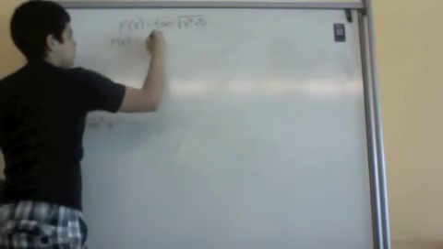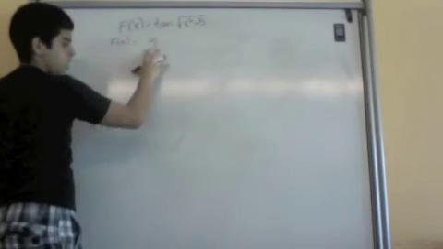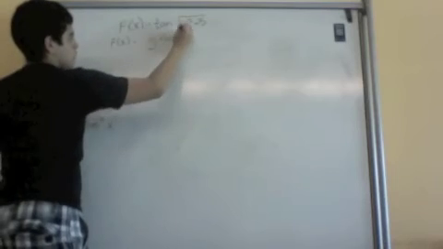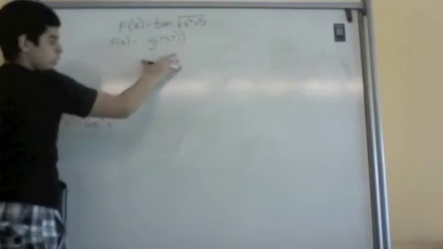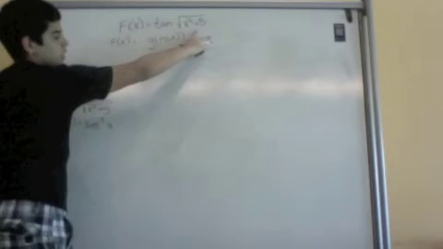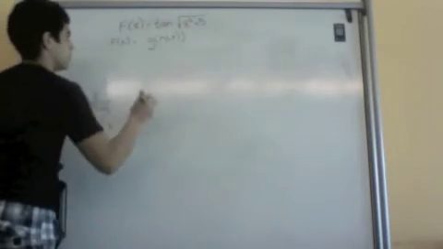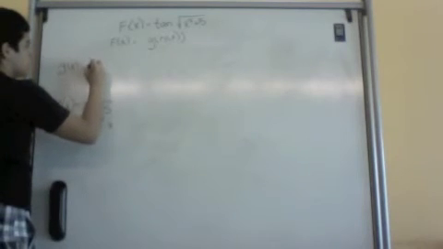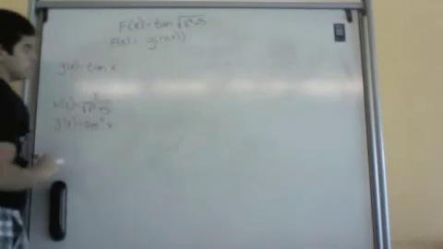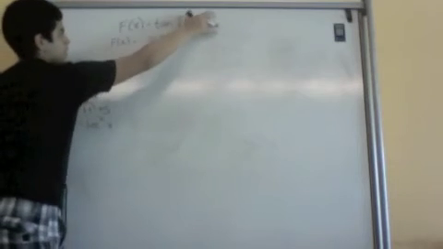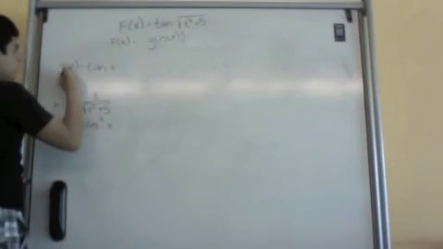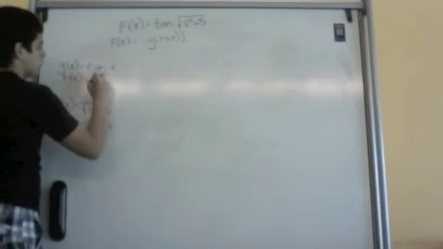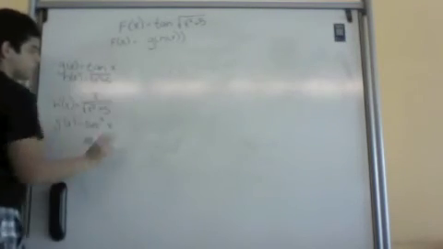We have g composed of h of x. So as we said earlier, g, the complete function, is tangent of a variable. So g of x is equal to tangent of x. And we have that h of x is this function inside of here. So h of x is equal to square root of x squared plus 5.